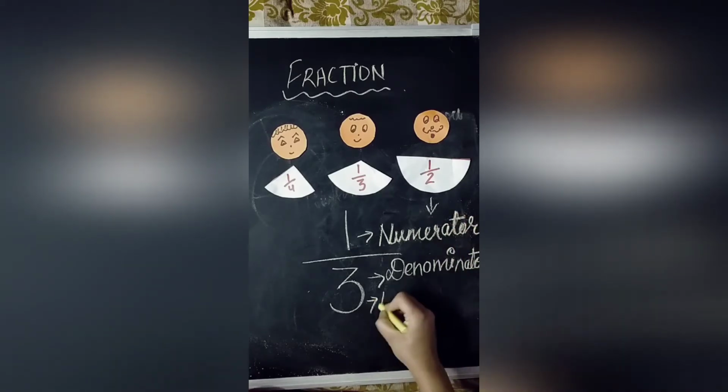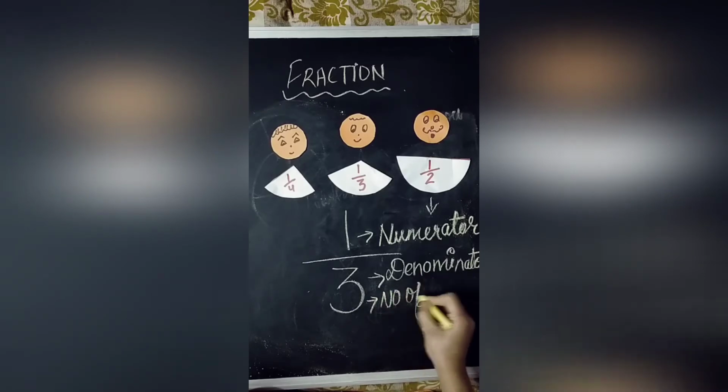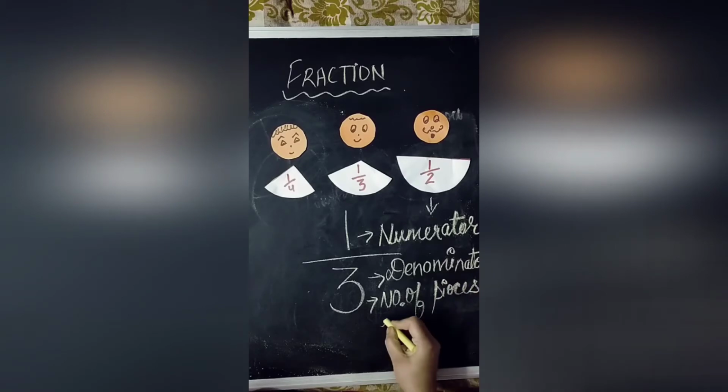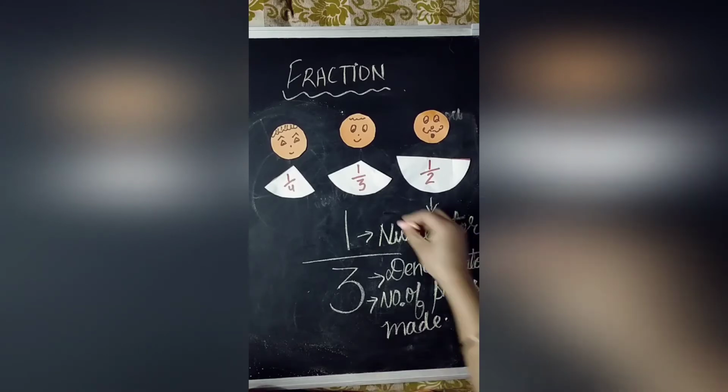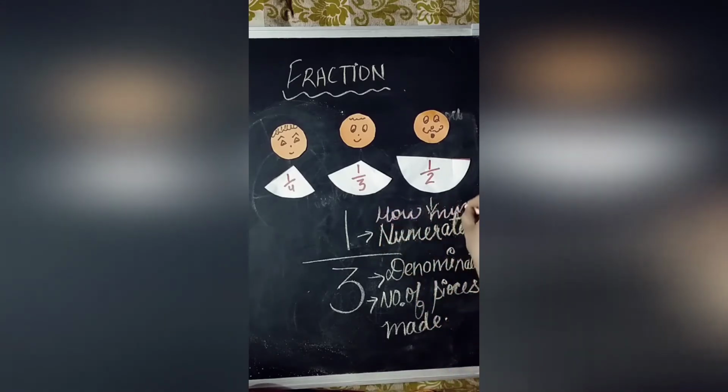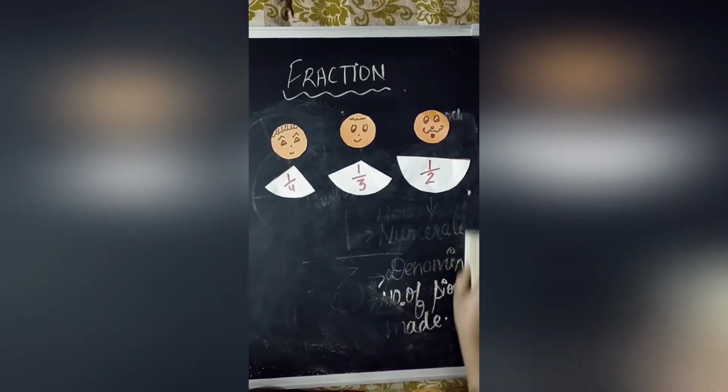Denominator shows the total number of pieces you have made. And numerator shows how much you are getting. Okay, is it clear?